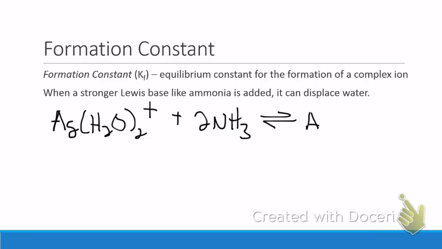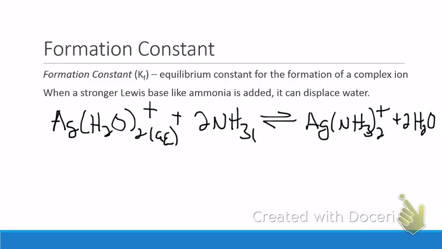The ammonia would kick the water out, so instead of water bound to silver, you'd have ammonia bound to silver, and then you would have water still around. And so all the species in here except water are going to be aqueous. Complex ions do not exist as solids, they are aqueous compounds.